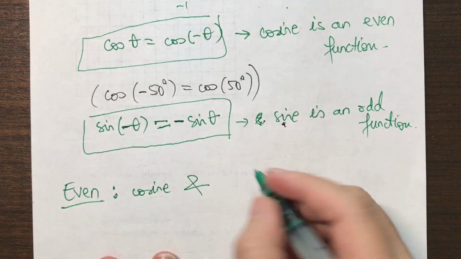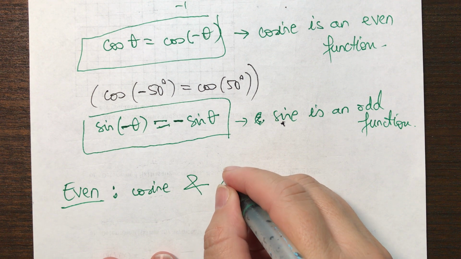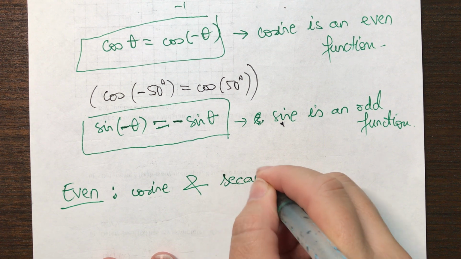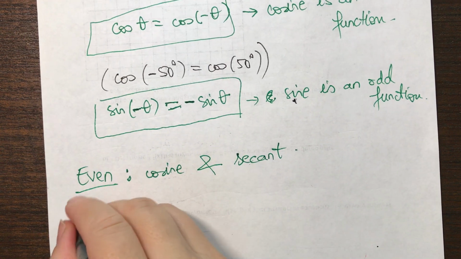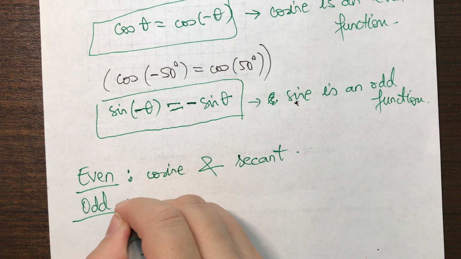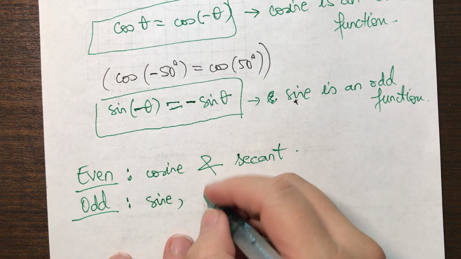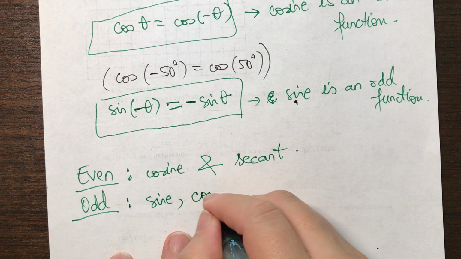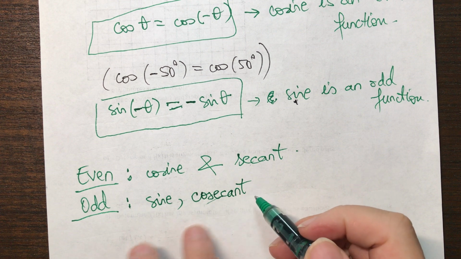And of course its reciprocal: the reciprocal of a positive is a positive, so cosine and secant are even functions. Which ones are going to be odd? Sine, of course, and cosecant, its reciprocal.